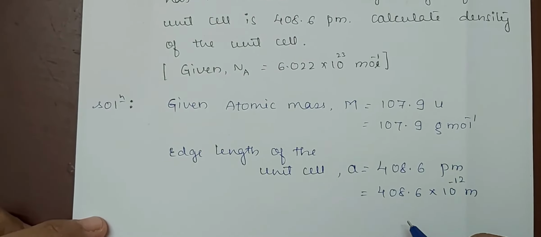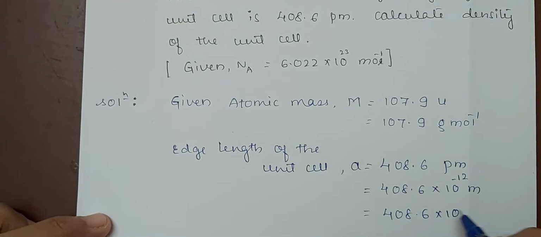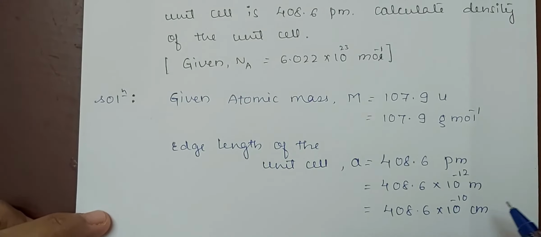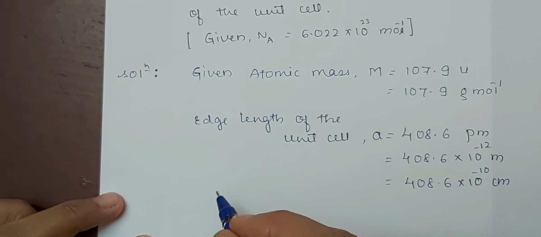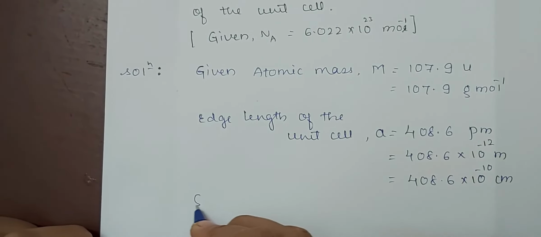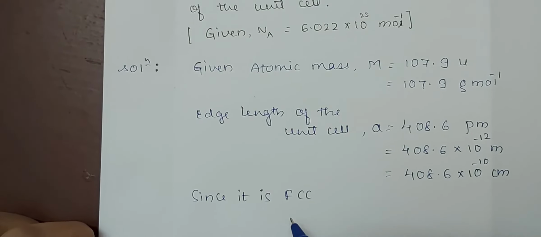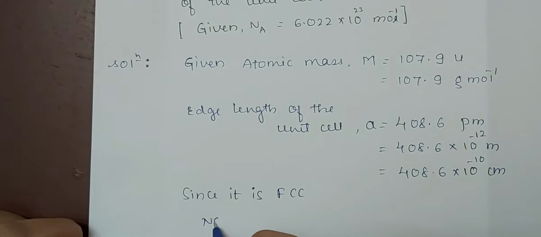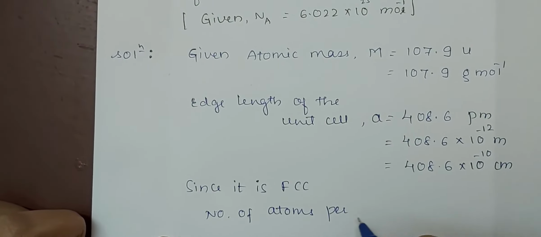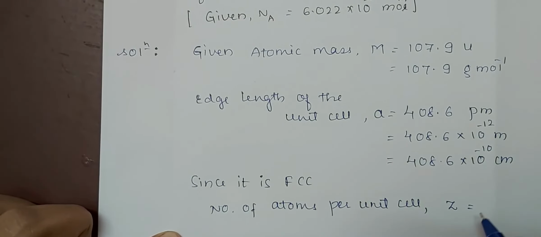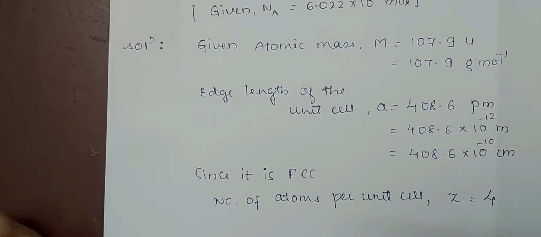Always edge length should be expressed in centimeter. So it is 408.6 into 10 raised to minus 10 centimeter. Then as it is an FCC, face centered cubic unit cell, number of atoms per unit cell, that is Z, in face centered cubic unit cell there are 4 atoms, so Z is equal to 4.